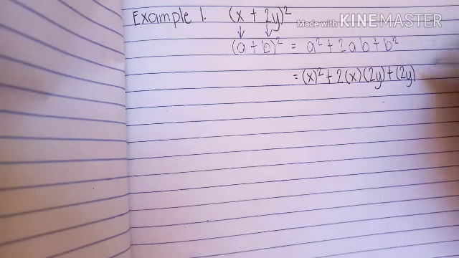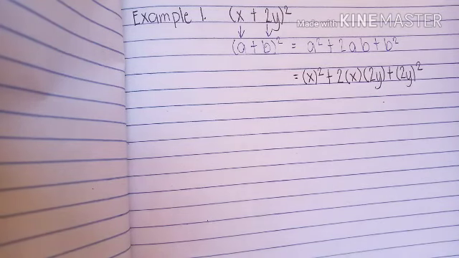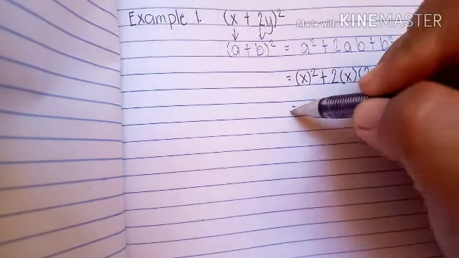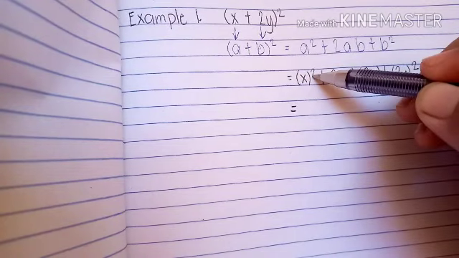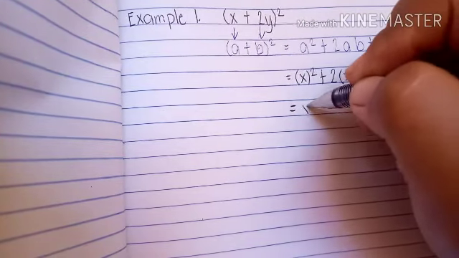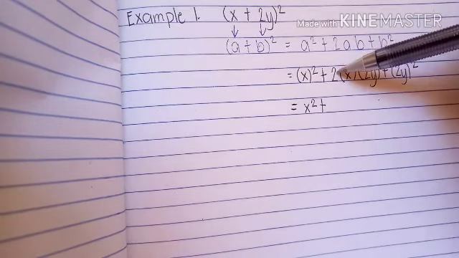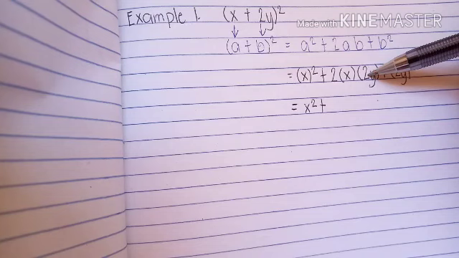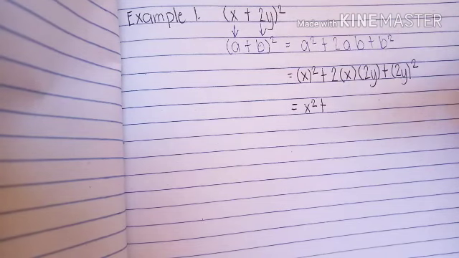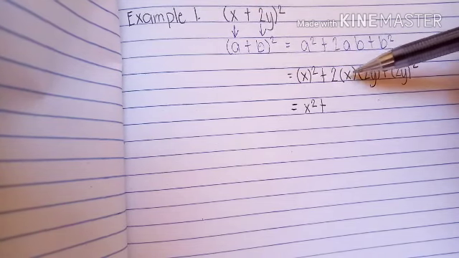Since this is squared, we're gonna square it. Now, after that, we're gonna simplify. So that would be x squared plus. If you're gonna encounter this kind of multiplication, we multiply the numbers first before the letters.